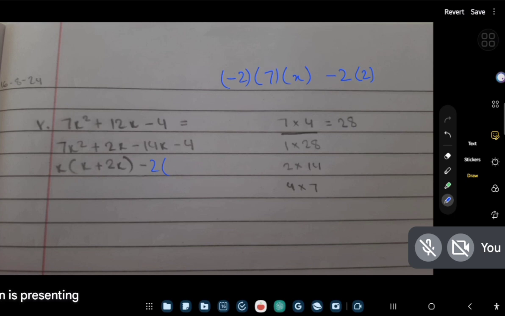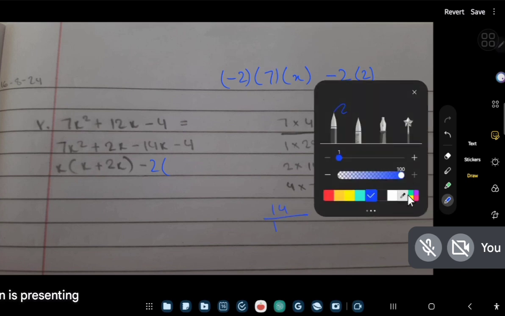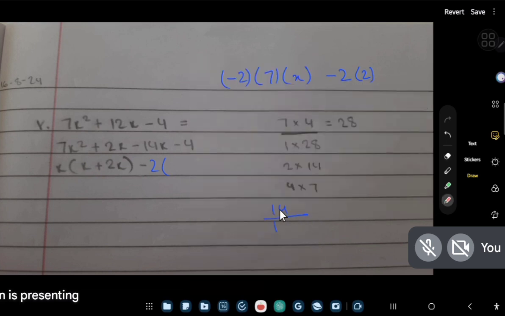Sir, could you write here the 14 and 4 that we took out? When we take 14 you get 1 14, you get 2 7.